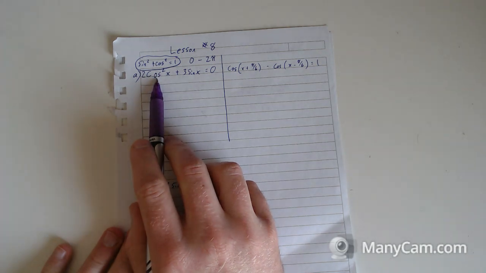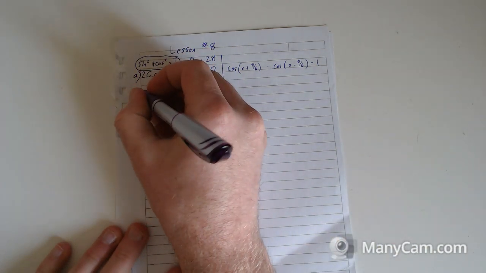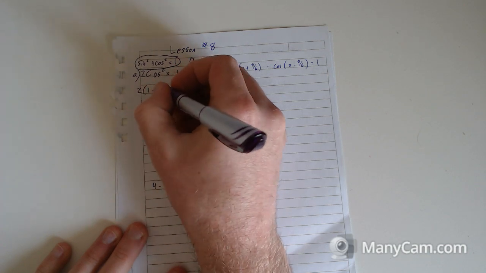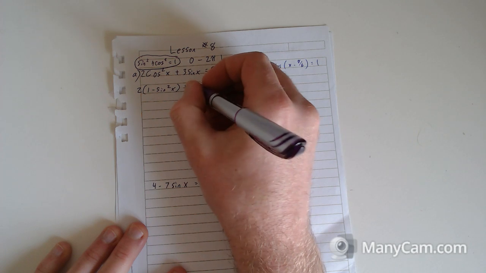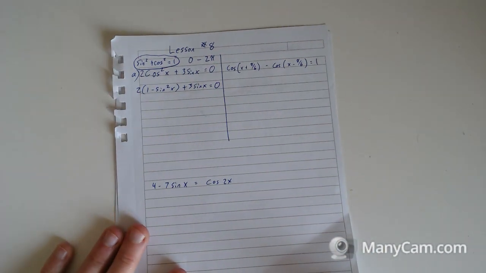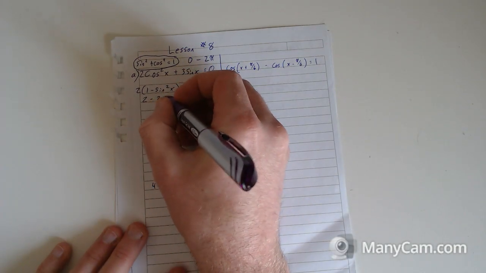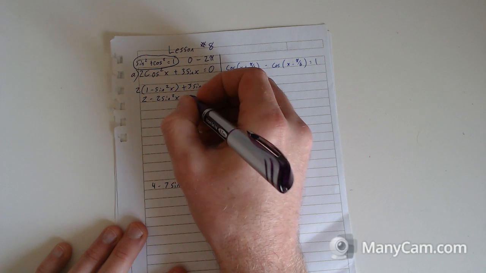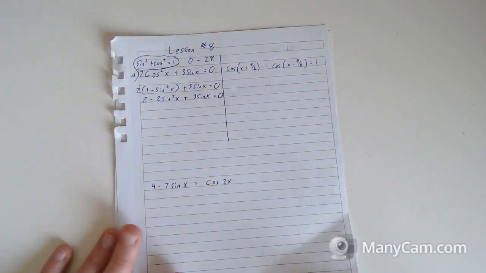So if we want to get rid of cos squared, it's going to be 1 minus sine squared. So 1 minus sine squared x plus 3 sine x equals 0. Then we just expand it out. 2 minus 2 sine squared x plus 3 sine x equals 0.